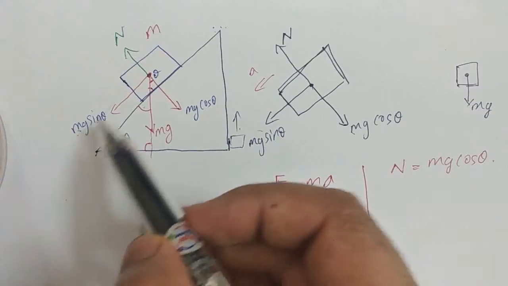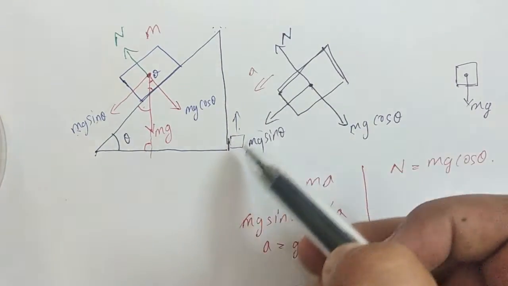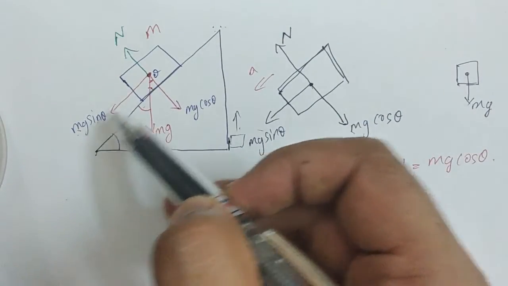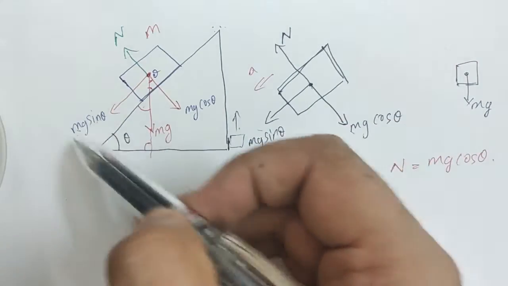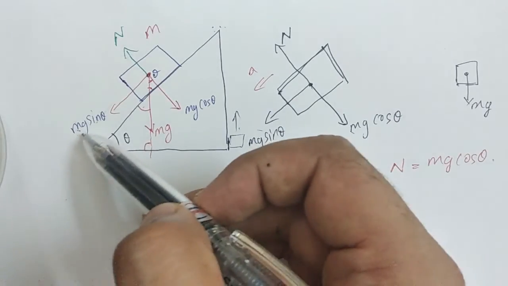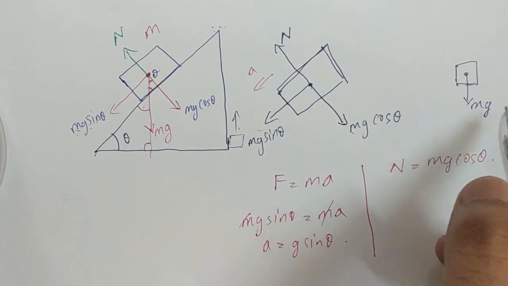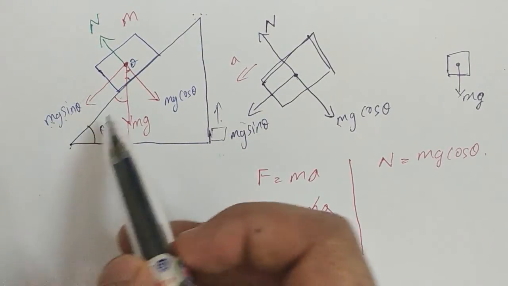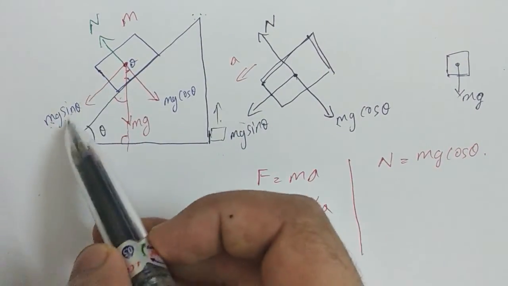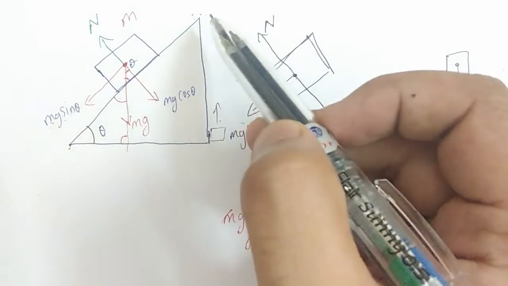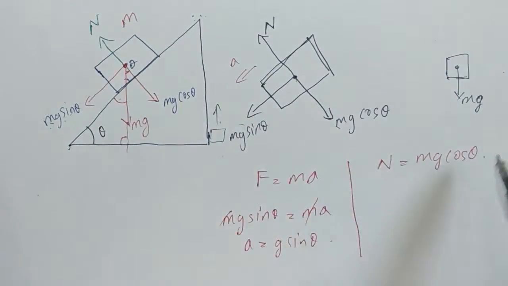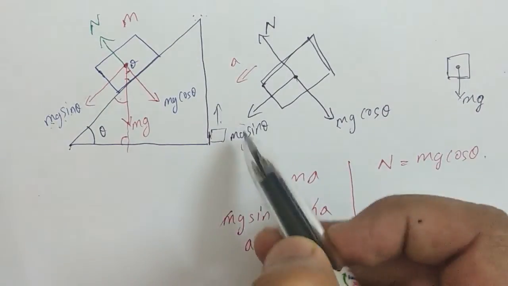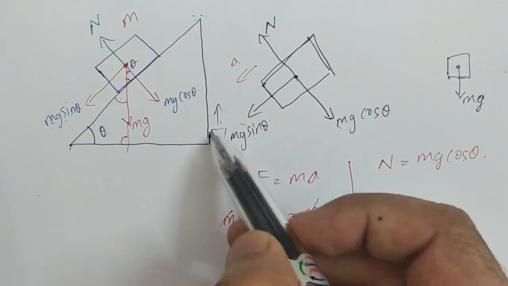But if you use an inclined plane to raise the block through this height, you need to move in this direction, and the force you will experience would be mg sin theta, which is less than mg. That is the reason why people use inclined planes to carry loads through a certain height, because it becomes easier to carry by using an inclined plane rather than by directly raising it through this height.